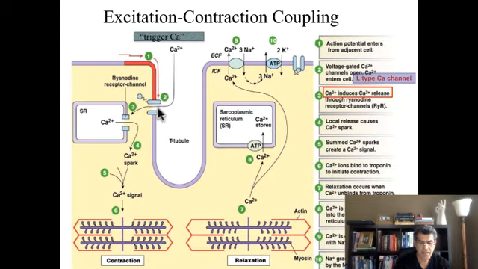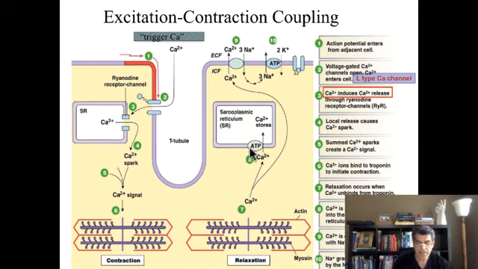Protein kinase is going to come and make this L-type calcium channel open longer, and as a result, more calcium is going to come in. More calcium comes in, more calcium is going to get released from the sarcoplasmic reticulum. That means more contraction. So protein kinase A opens this L-type channel and allows more calcium in.